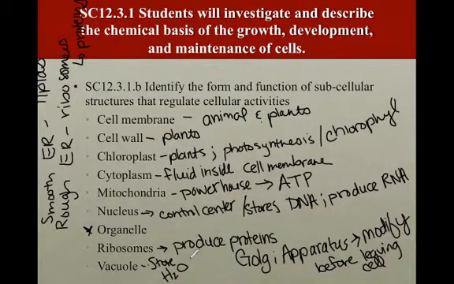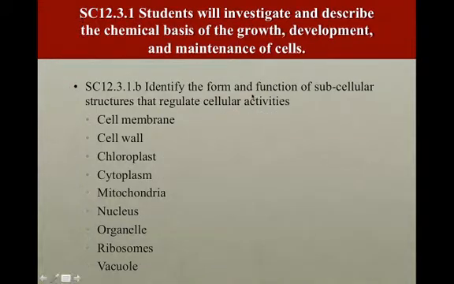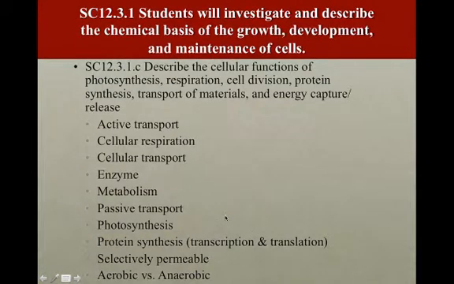Okay. You guys spend a lot of time on that stuff in biology, right? Okay, now look at all these cellular functions. Oh boy. Photosynthesis, respiration, cell division, protein synthesis, transport of materials, energy capture and release. So active transport. What does active transport require?